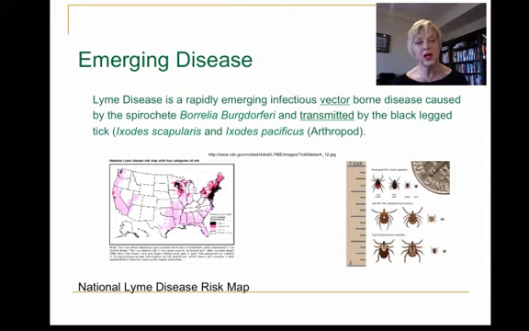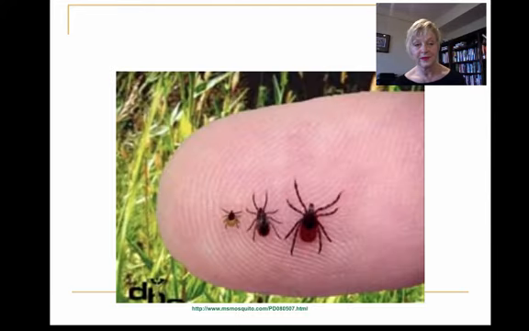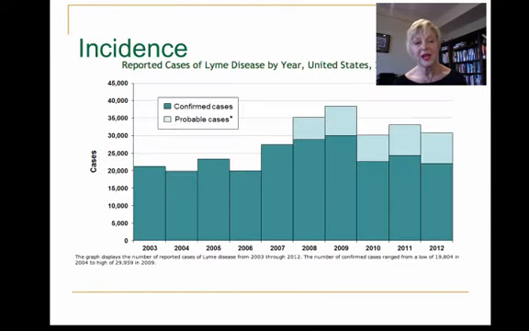Lyme disease is called an emerging disease because it's actually increasing in the number of cases throughout the country, and that's what makes something an emerging disease. It has to be increasing in the country where you're talking about it, and it's again transmitted by a tick, specifically the black-legged ticks. Here are some examples of different types of ticks.